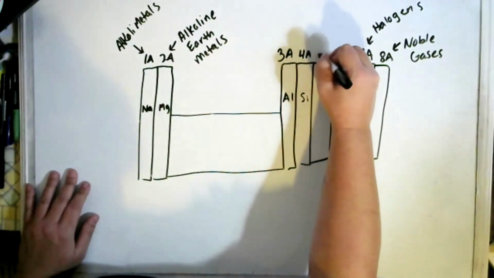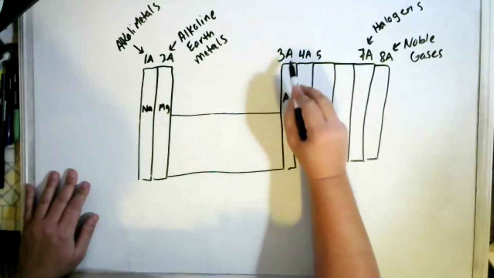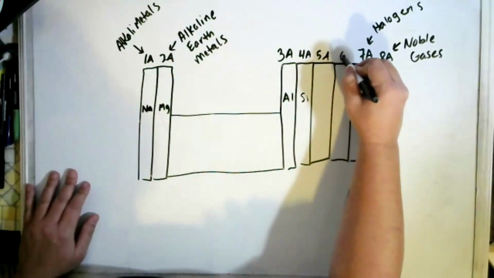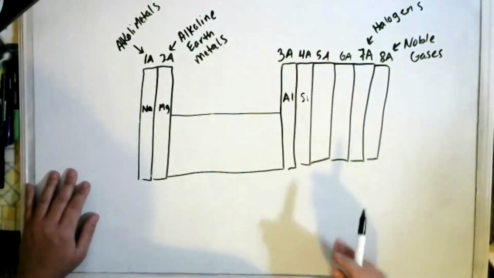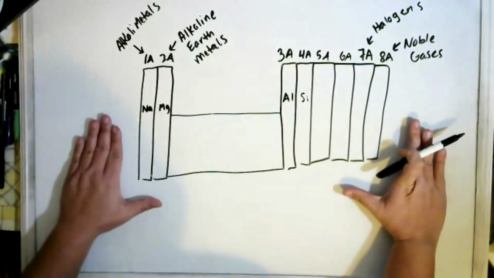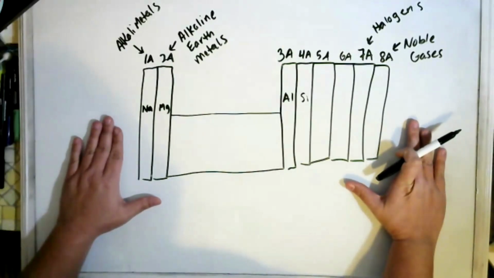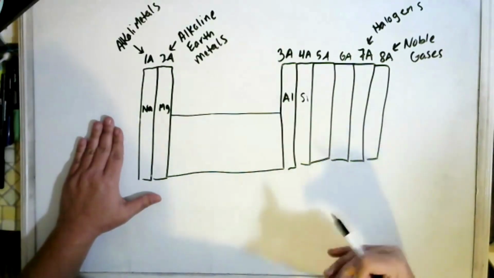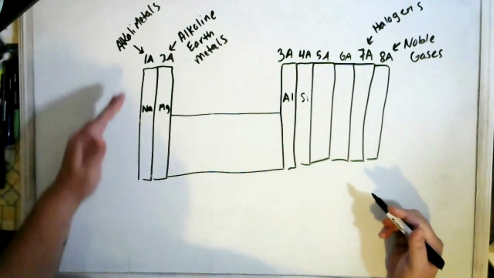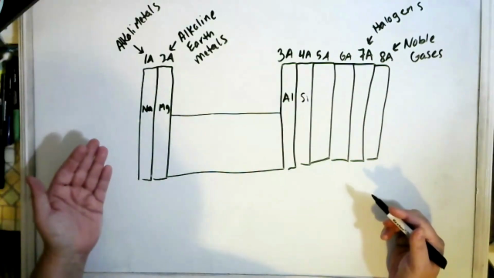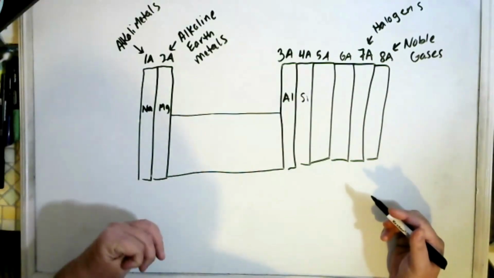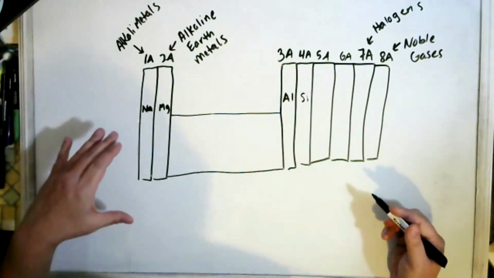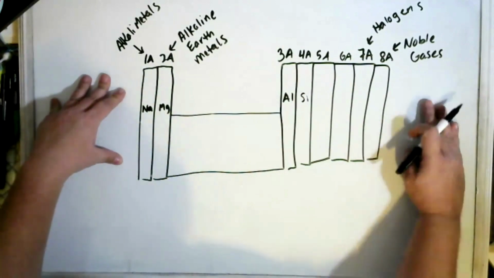Notice I'm referring to the columns as 1, 2, 3, 4. I'm skipping right over this rectangle. When you're counting your columns and you're looking at the column numbers, that's going to be true for your main group elements. So like when we talk about the valence electrons, or when we talk about columns that have similar properties, this is going to be largely true in our main groups.